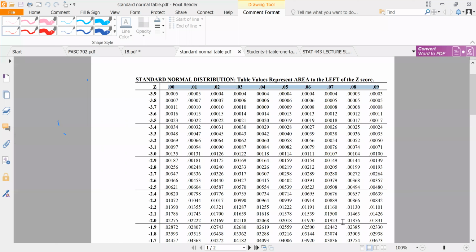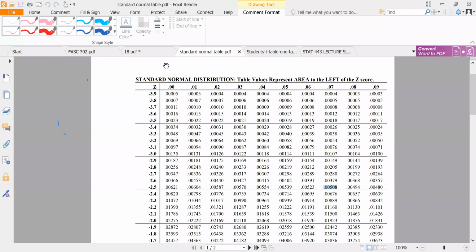So for instance, for this quantity here, the Z value is minus 2.57. Whatever is on this first row is the second decimal for the Z value.